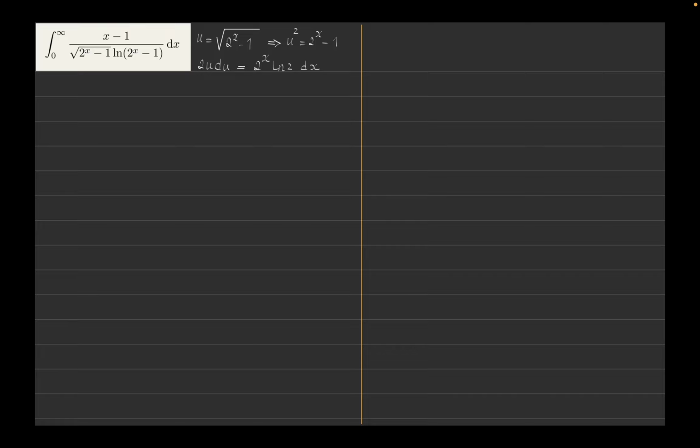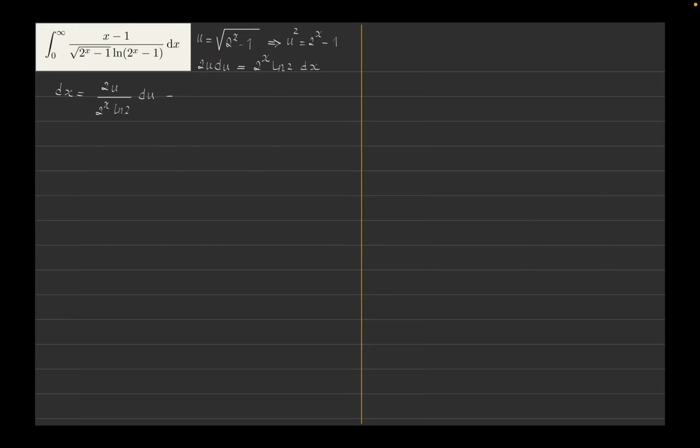Okay, I want to rewrite everything in terms of u. So one of the things I have to get rid of is dx in favor of du, or an expression in terms of u. This motivates me to divide both sides of this equality by this expression, and I get dx equal to 2u divided by 2 to the x ln of 2 du.